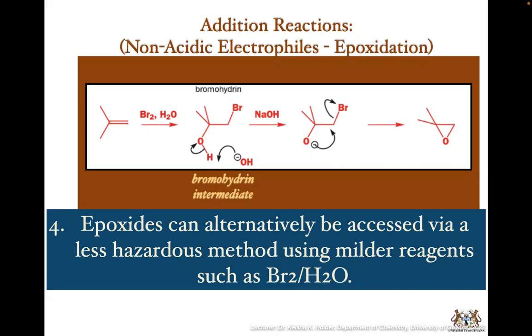And those alternative ways include the use of a bromine-water combination. So here we have our bromine molecule. And we have water as a part of the reaction mixture.